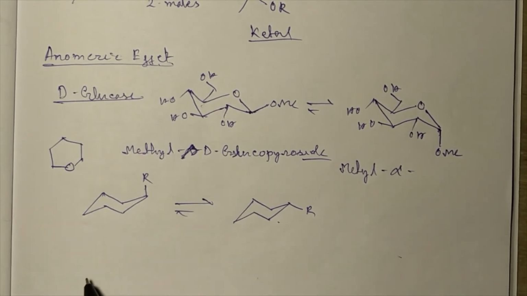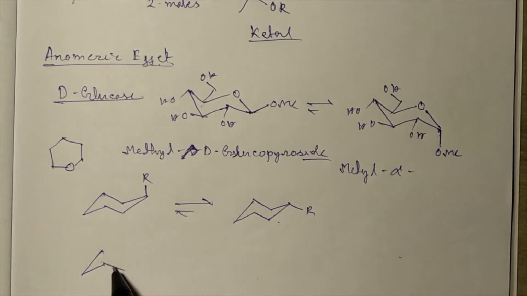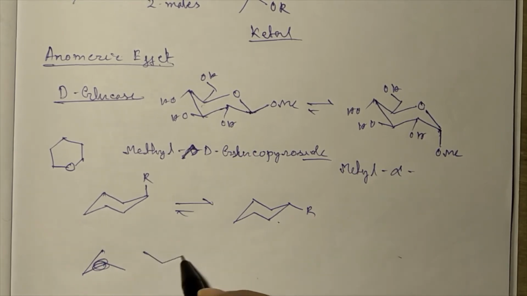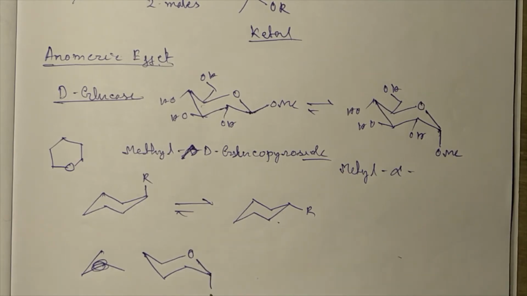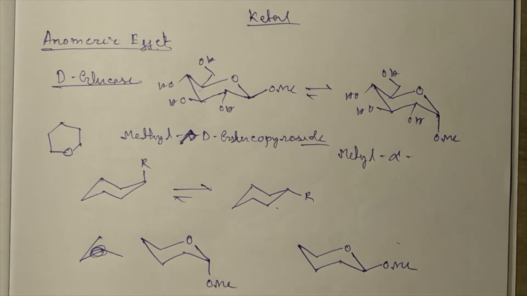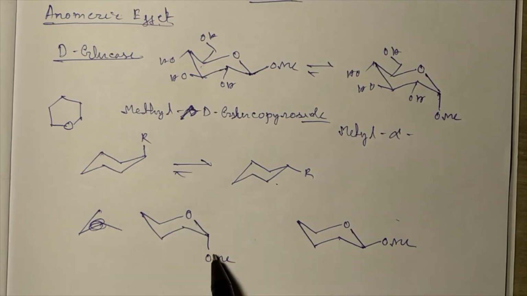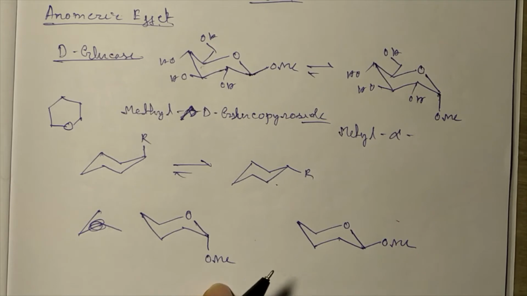If we draw, sorry, this is the axial isomer and this is equatorial. Now why is this observed? The axial isomer is more stable. Why is this more stable?